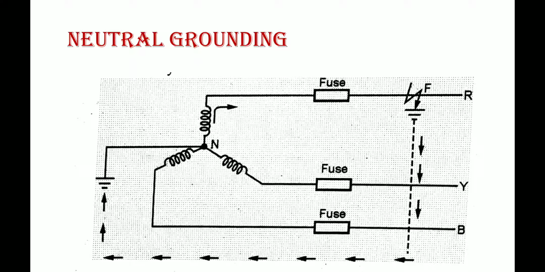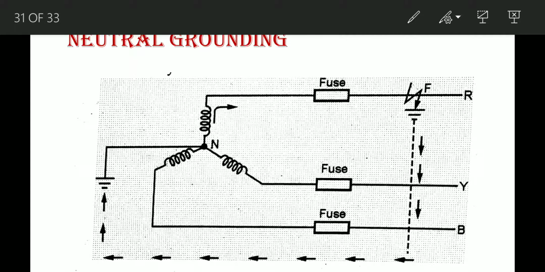It is the process of connecting the neutral point of a 3-phase system. This is the 3-phase star connected system. The neutral point of the system is connected to the earth itself. How is it connected? Either directly or through some circuit elements, like resistance or reactance. So that is called what?